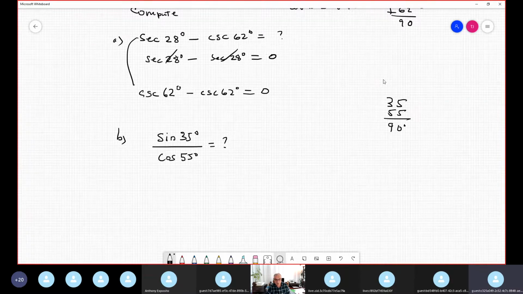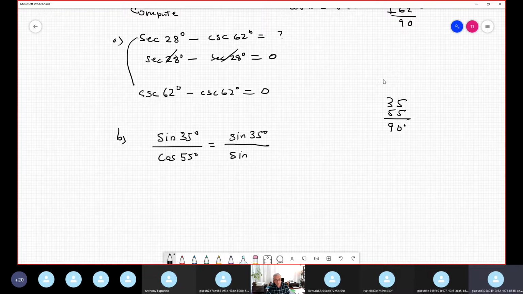I know very well the cofunction of sine. If you transform a cosine into its cofunction, sine, you copy here the complementary angle, which is 35. And sine 35 divided by itself is 1. Good or not good? Good, Professor, good.